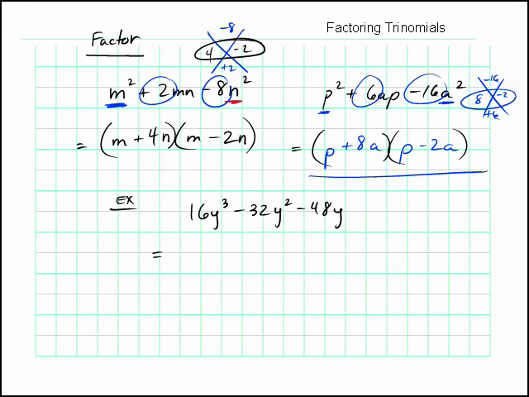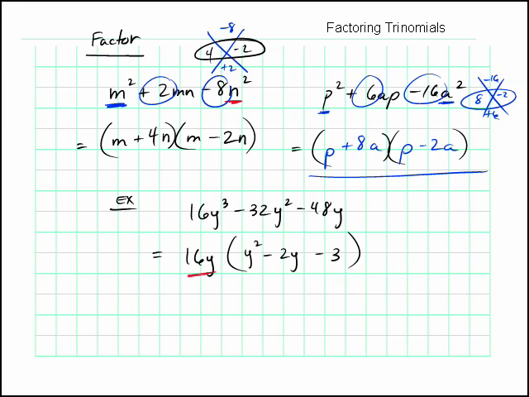Notice that I do have a GCF here. Out of all three terms, I could factor out a 16y. So I'm going to factor 16y out of all the terms. If I do that, that leaves me with y squared in the front, minus 2y, and then minus 3. Okay, I factored the GCF out right there.